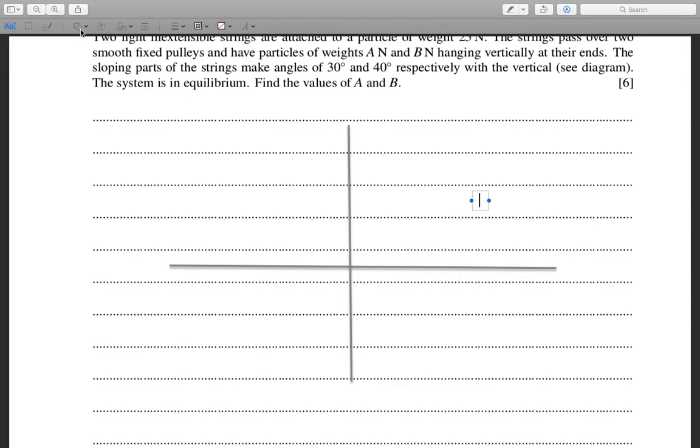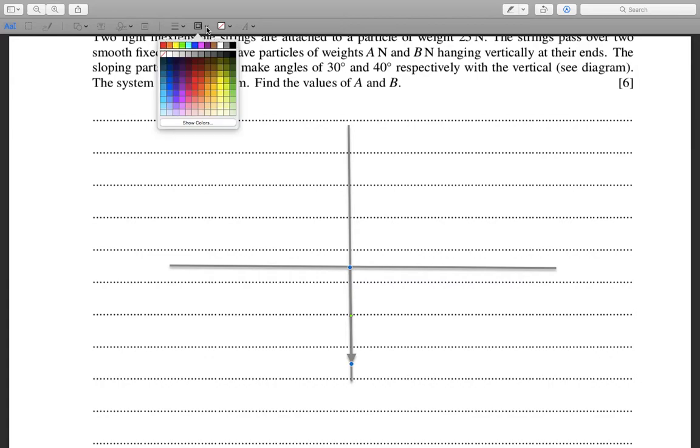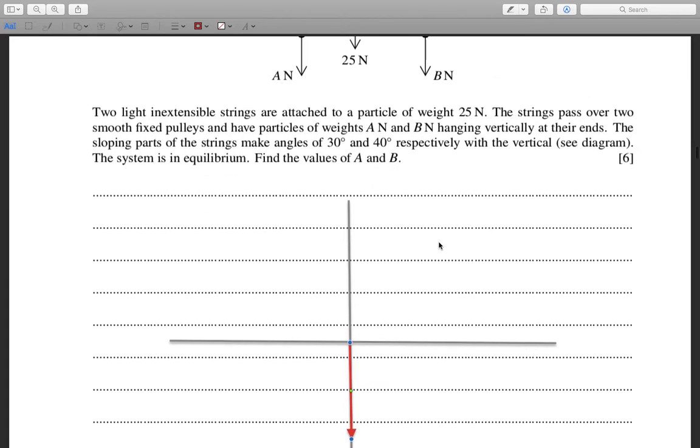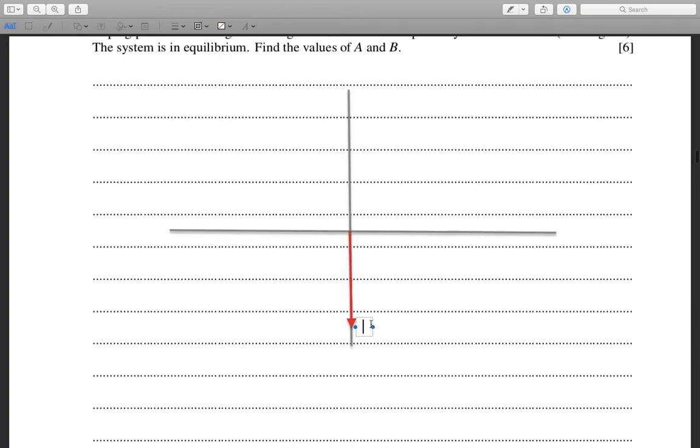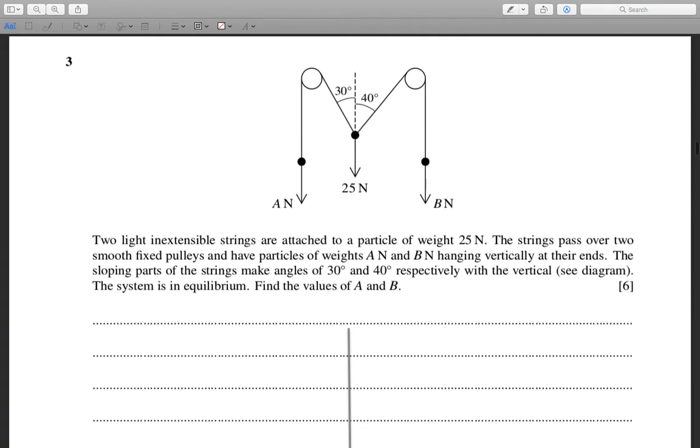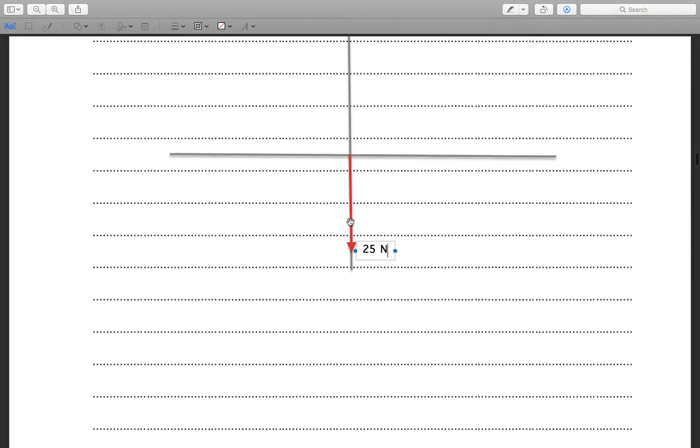Okay, let's say we have a force of about 25 Newton, and we have A Newton and B Newton.